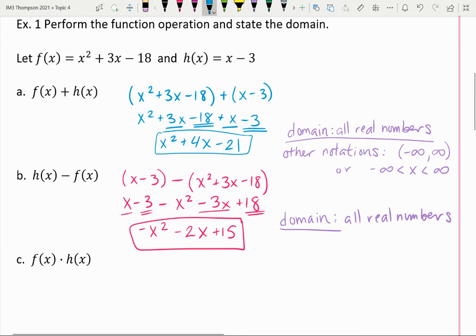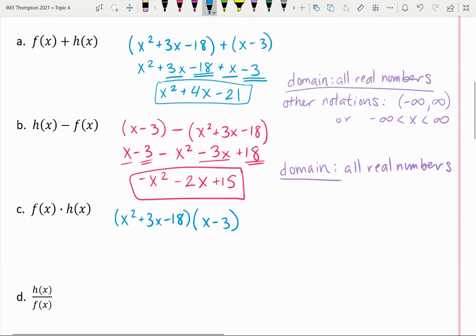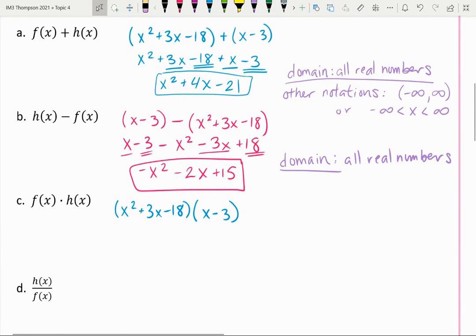All right, so C is an example of multiplication. The f of x function comes first, and multiplied by the h of x function. I'm just going to distribute through.